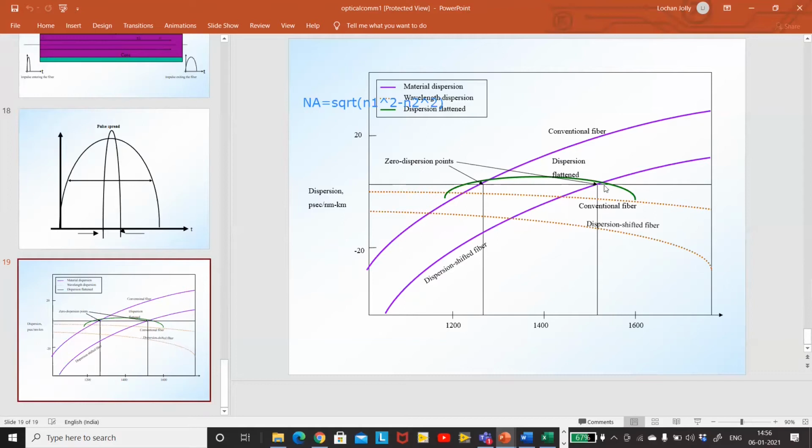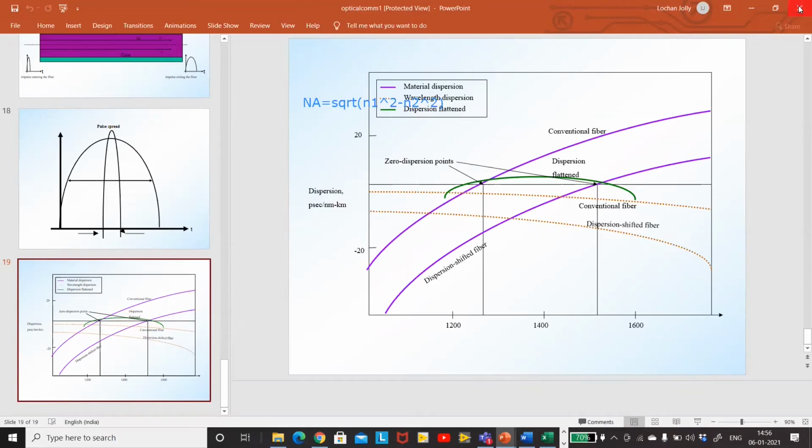Although this property can be shifted by changing the refractive index profile of the core as well as of the cladding, we can shift the zero dispersion point to a longer wavelength, around 1550. Some special fibers and their profile help us attain a dispersion flattened profile where it is minimum or almost zero from around 1250 to 1600, giving you a broader band where you can use the fiber for signal transmission with minimum losses.